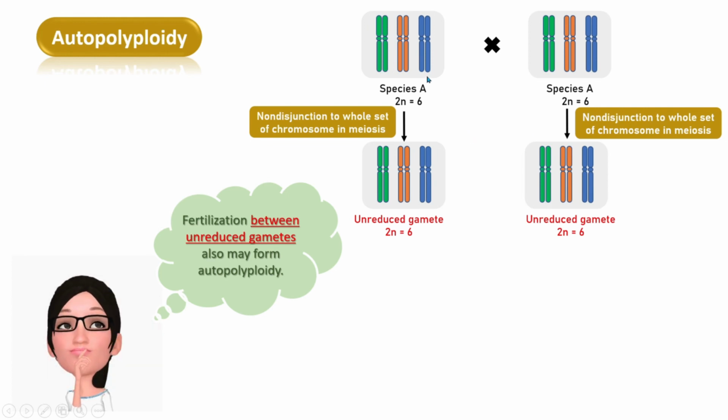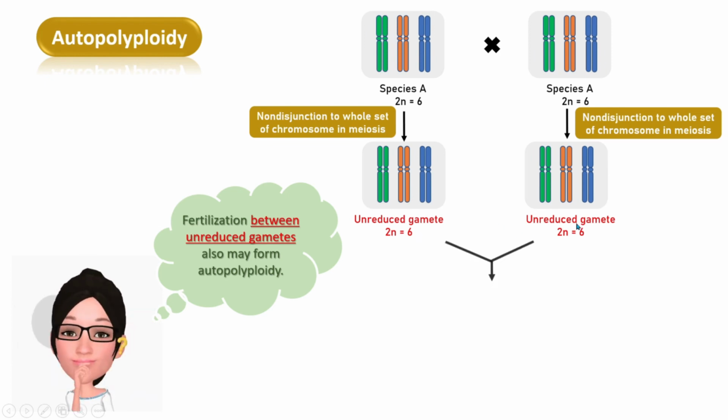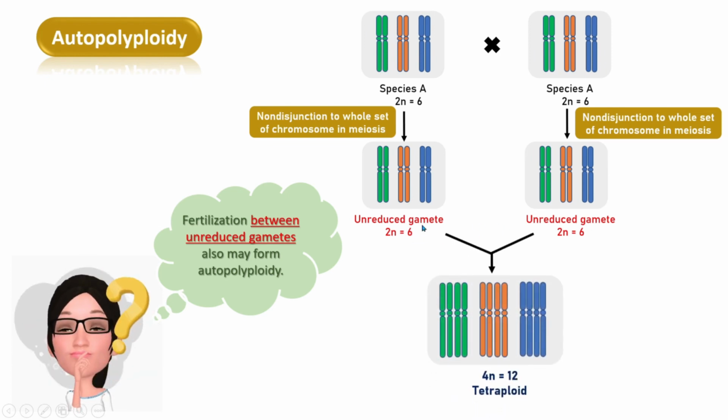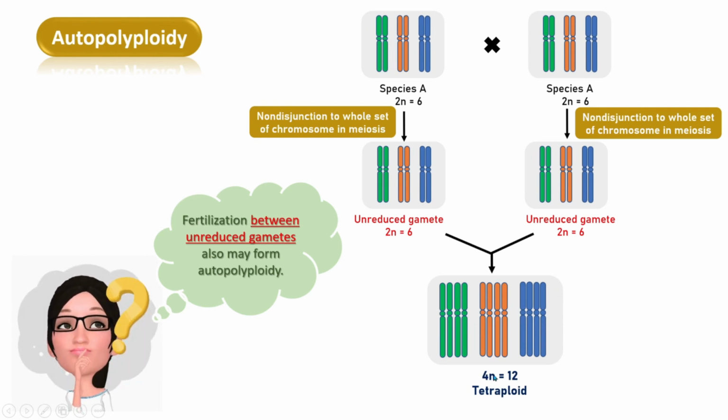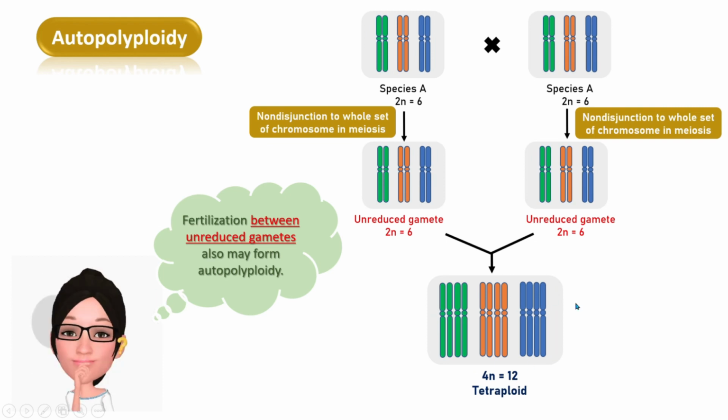Hence, each parent produces an unreduced gamete with 2 sets of chromosomes each. When these 2 unreduced gametes undergo fertilization, it will produce an Autopolyploidy with 4 sets of chromosomes, also known as tetraploid, where the chromosome number is increased to 12.